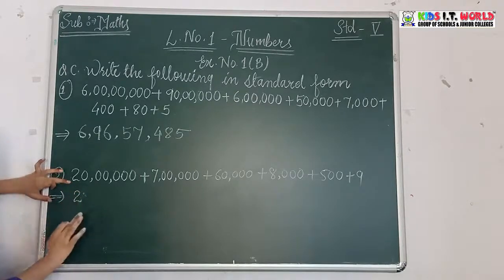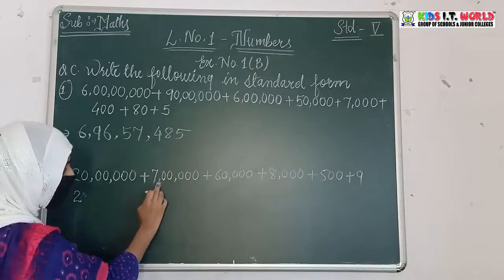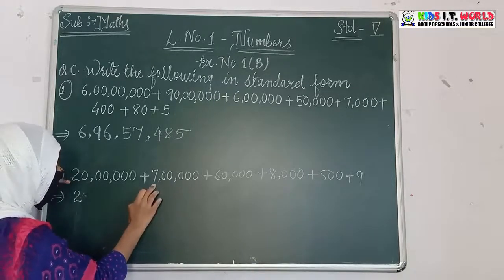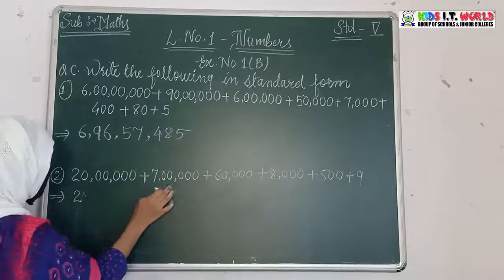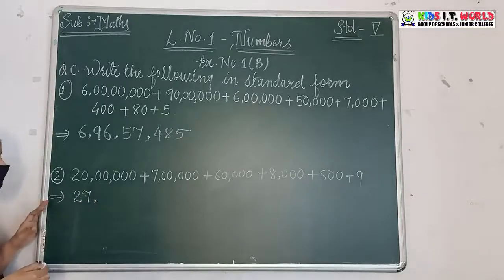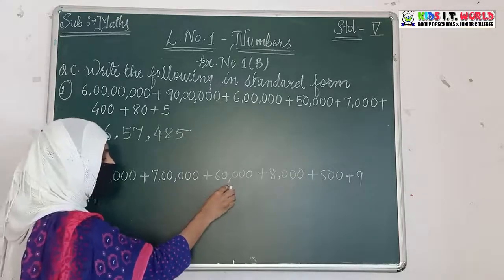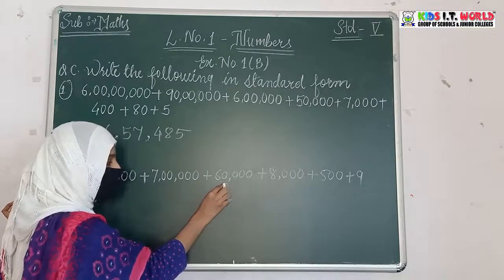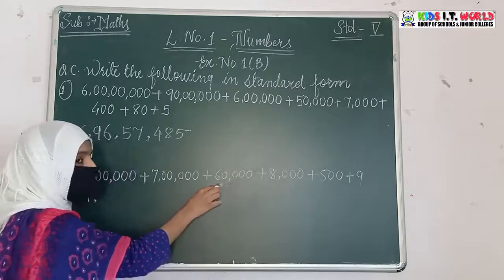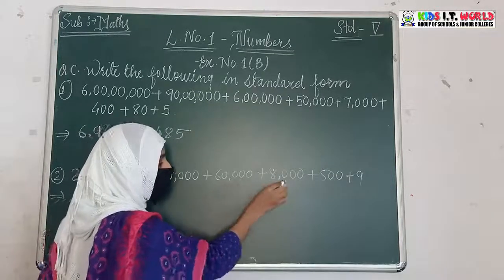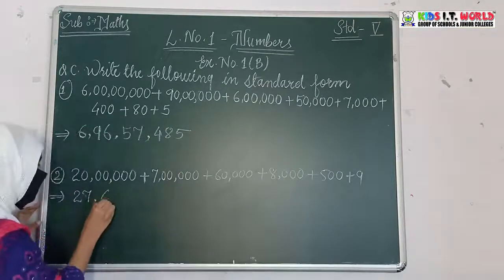Here the period is not finished because another number is also given to you. That is 1, 10, 100, 1000, 10,000 and lakh. So this 20 lakh plus 7 lakh, it is 27 lakh. You put the comma after one period. Now the next one, again count with ones, tens, 100, 1000, 10,000. This is 60,000 added with the 8,000. So 60,000 plus 8,000, it is 68,000.